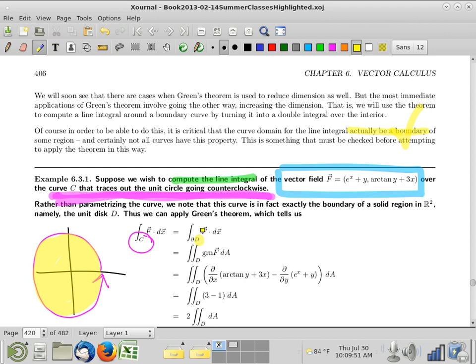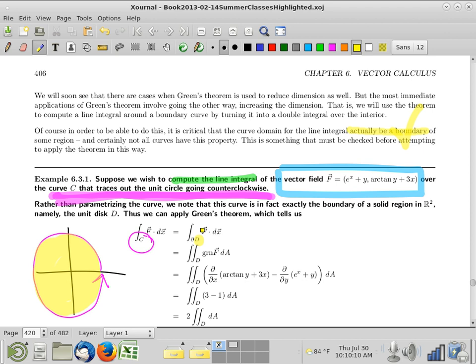Everybody on board? Now, as a student taking a test, working a problem, it's your responsibility to notice this. The question will not say, hint, notice this is a boundary, or use Green's theorem to compute, etc. The question very well might just say, hey, compute this line integral.